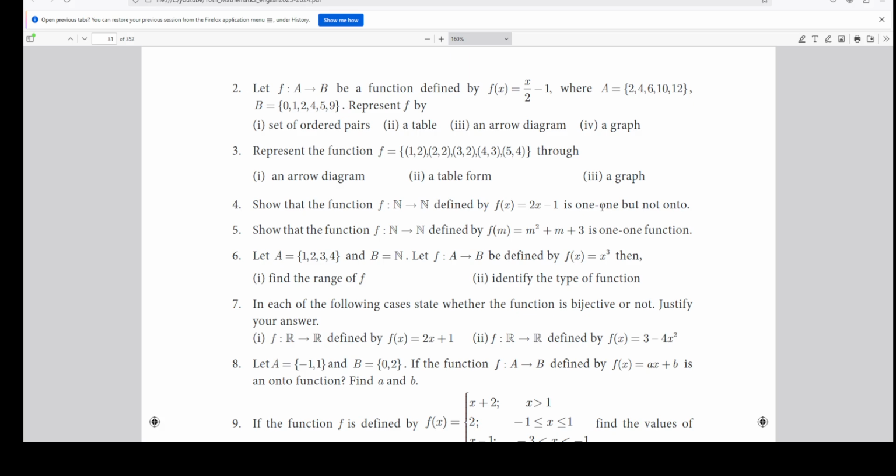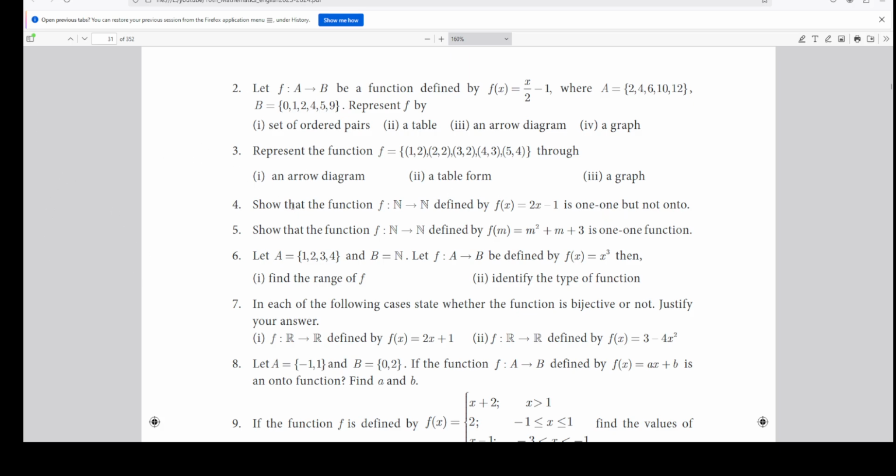This is the difference between one-to-one and onto. Here we are going to show this function is one-to-one but not onto.